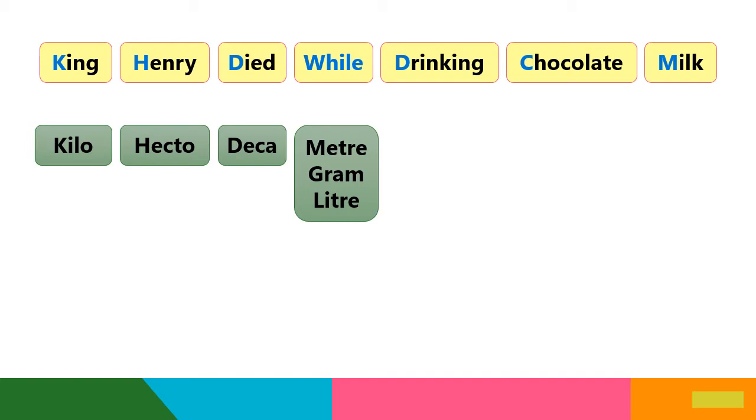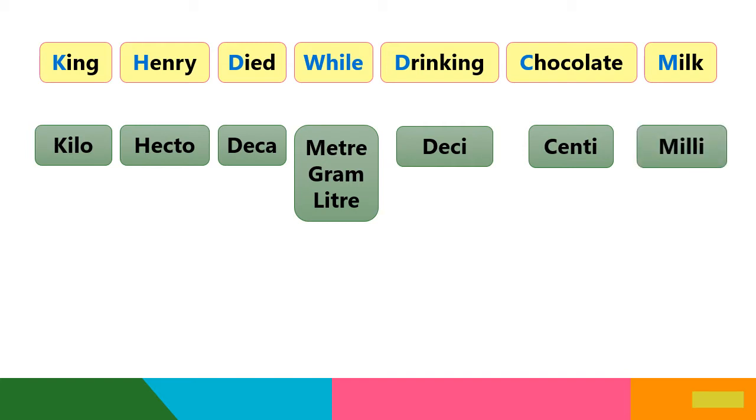D of drinking means deci, C of chocolate means centi, and M of milk means milli. So this way we can place all the units here: kilo, hecto, deca, then meter, gram, liter, these are the standard units, then deci, centi and milli.